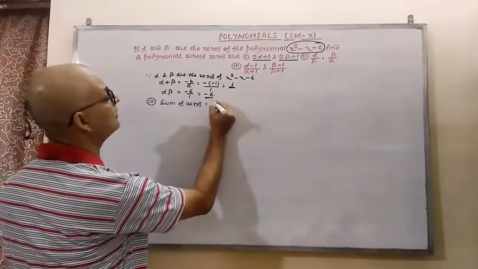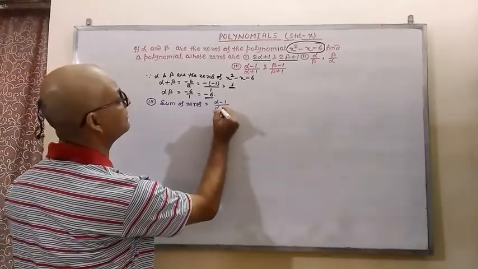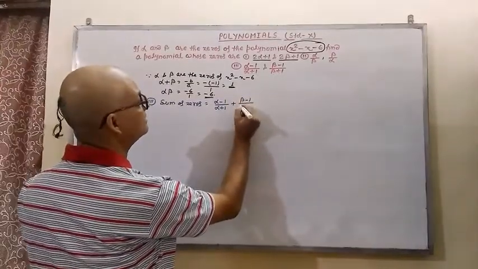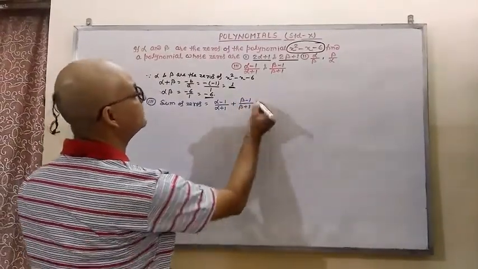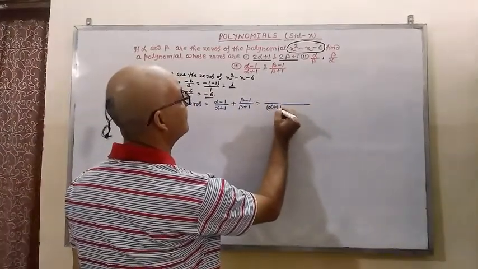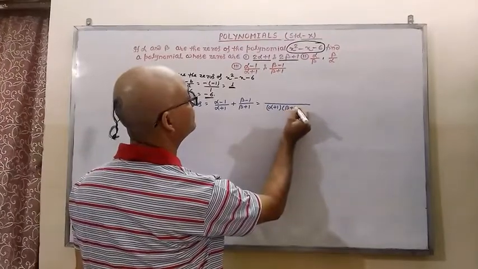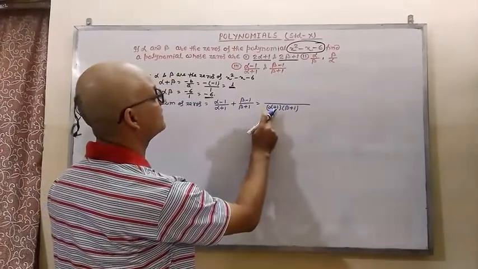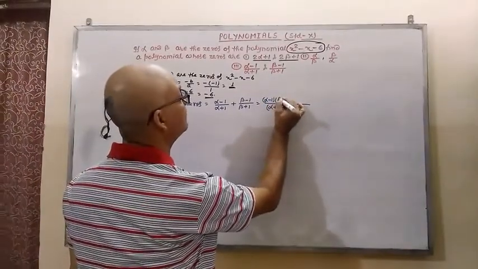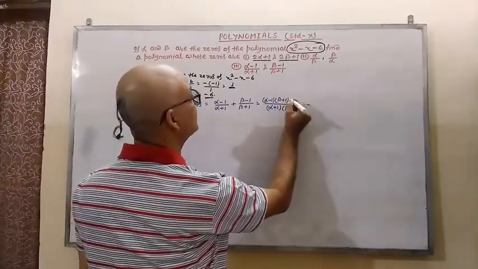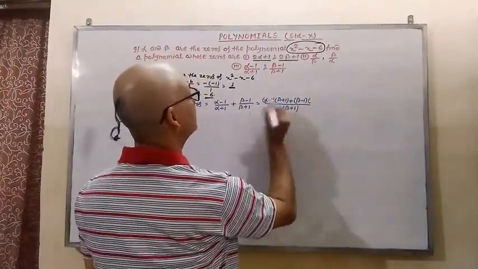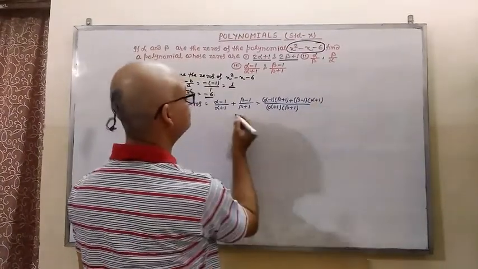Sum of zeros is equal to (alpha minus 1)/(alpha plus 1) plus (beta minus 1)/(beta plus 1). Now take the LCM, (alpha plus 1)(beta plus 1). So we get (alpha minus 1)(beta plus 1) plus (beta minus 1)(alpha plus 1).